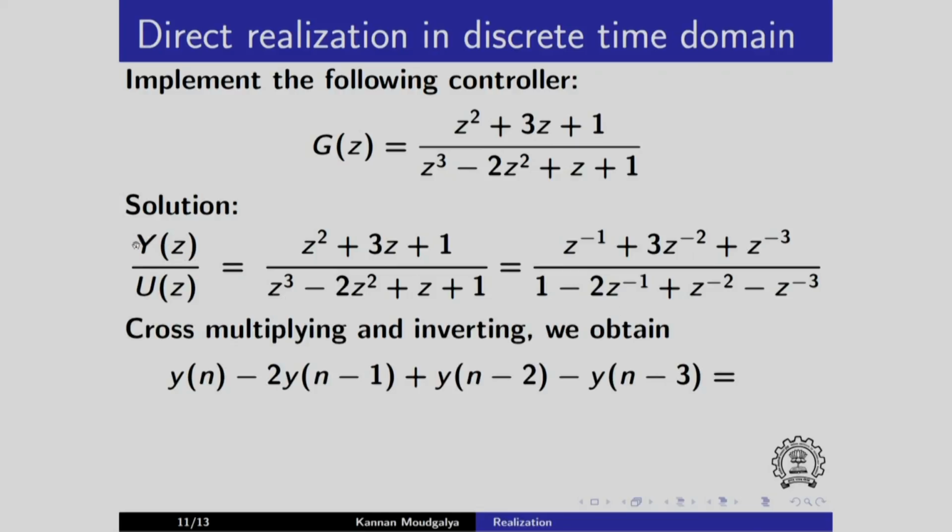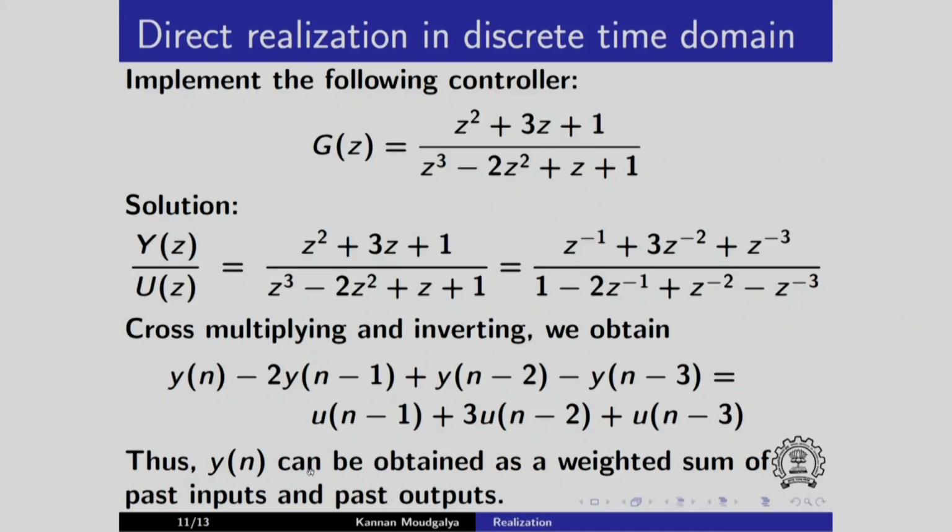So on the left hand side you will have y of n minus 2 into y of n minus 1 plus y of n minus 2 minus y of n minus 3. So that is what happens when you multiply this and y and invert. Similarly, for the u terms we get the following. It is easy for you to verify this.